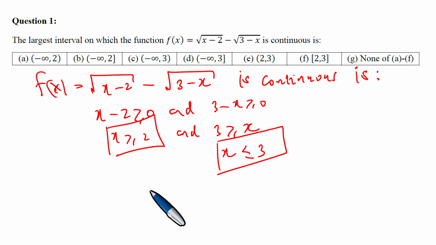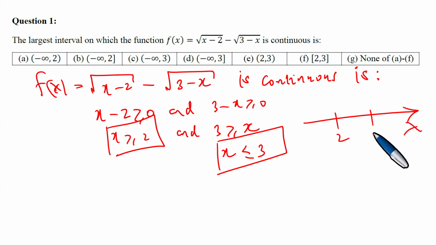Now, as a consequence, if you graph this on the real line, you'd have 2 to 3, x greater or equal to 2 and less or equal to 3.